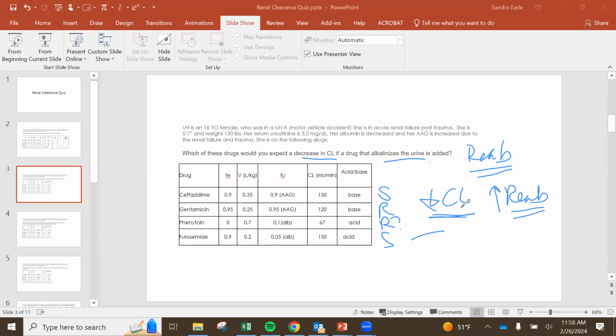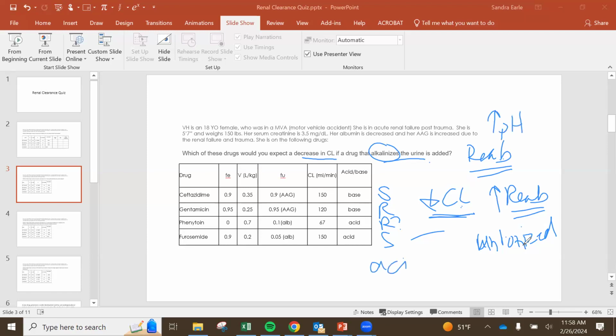So how do we increase reabsorption? We have the drug more in the unionized form, right? So what kind of drugs are going to be more in the unionized form if we alkalinize the urine?